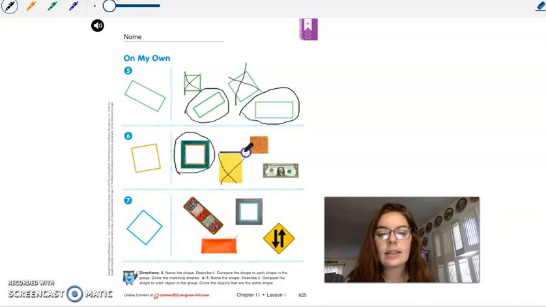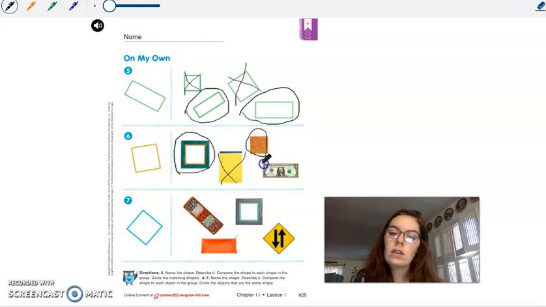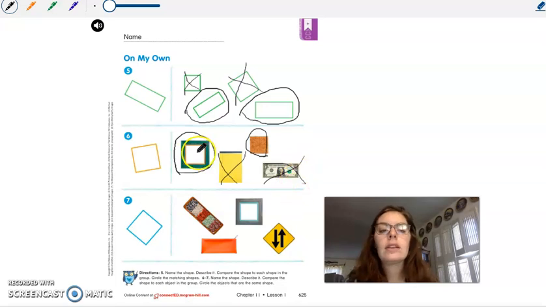X. That looks like a rectangle. What about this one? Yeah, it's a square. And this one? Cross it out. Okay, so we have 2 squares circled. Nice job.